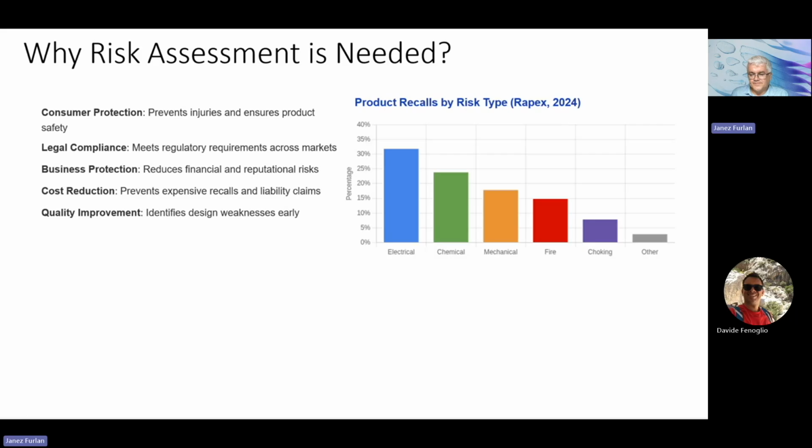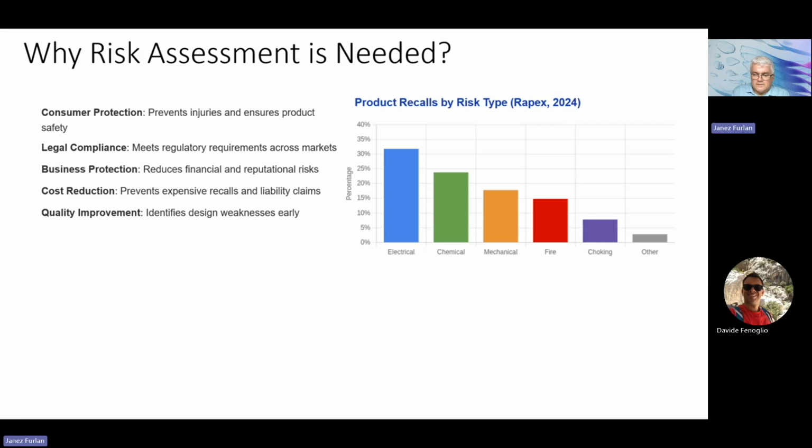in order to, first of all, protect the consumers, prevent them from injuries, then to meet regulatory requirements across markets so that we, or the economic operators, manufacturers, are even able to sell their products. And this is also a good tool to protect your businesses and reduce financial and reputational risks.